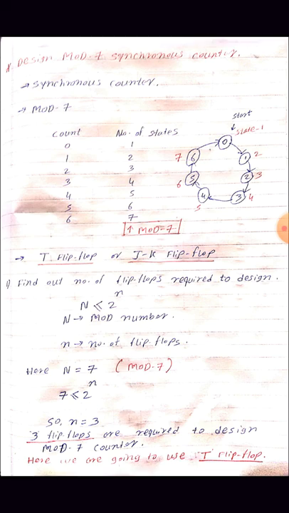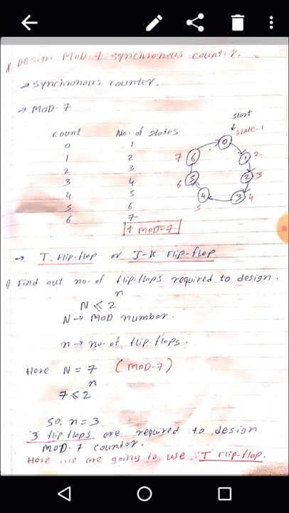Now today we have to study the synchronous counter. Now what is a synchronous counter? In a synchronous counter, we are going to apply only one single clock pulse to all the flip-flops present in a logic diagram. Here we have to design a mod 7 synchronous counter.